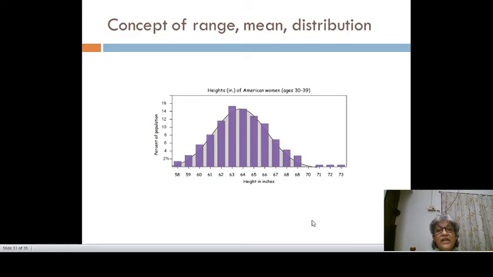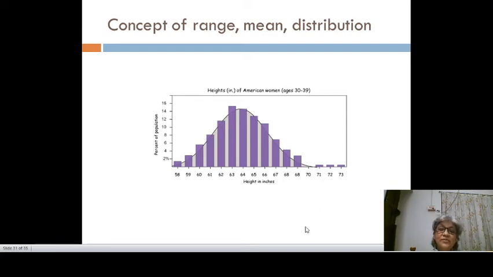So we get a range of values, that is, we're looking at the weight of 2-year-old children. The range may be from 5 kg to 15 kg. In this range, most of the children will have a central or the mean value, that is between 5 and 15, the mean is 10. We will find that the majority have a value near the central value. So that is the mean.